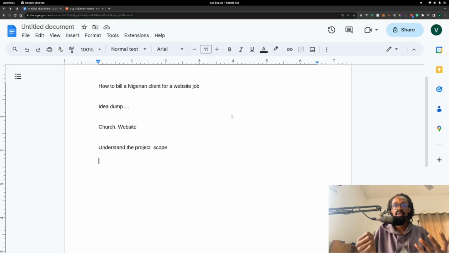When you close your eyes and you think about your website, what comes to mind? What kind of functionalities do you expect to enjoy from your website? Because everything they say will help you come up with a project structure, project schedule, and also effectively come up with a pricing system for the job.